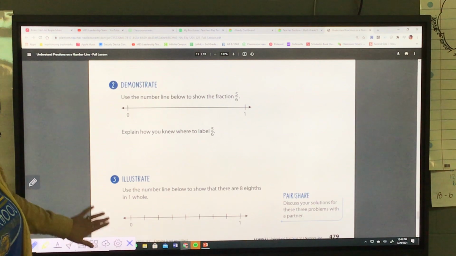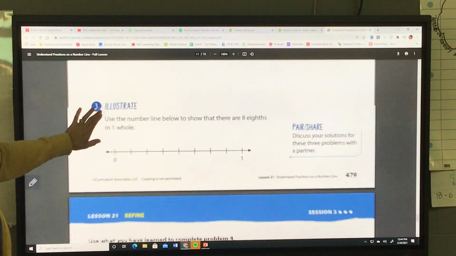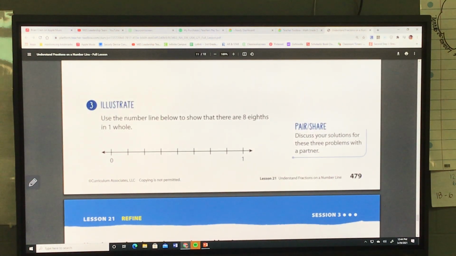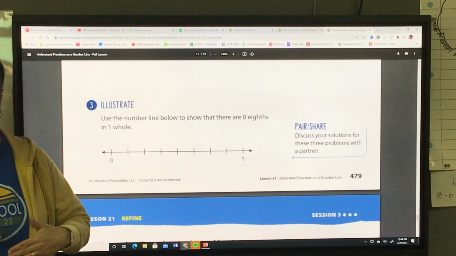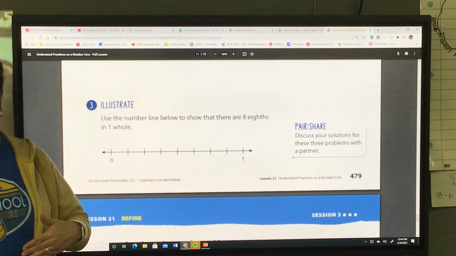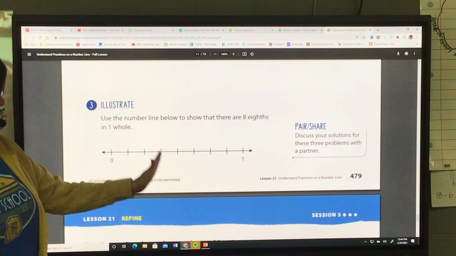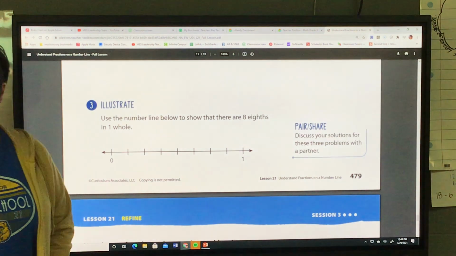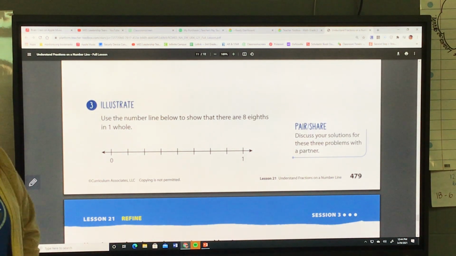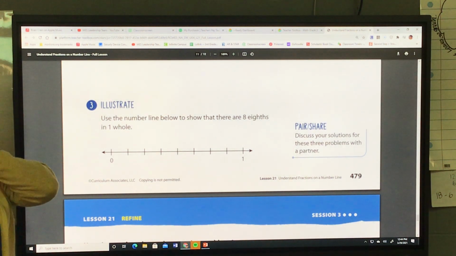Let's look down at 3. Use the number line below to show that there are 8 eighths in one whole. So what are you going to do to each one of these? What are you going to do, Haley?